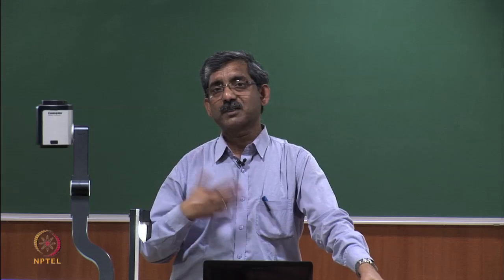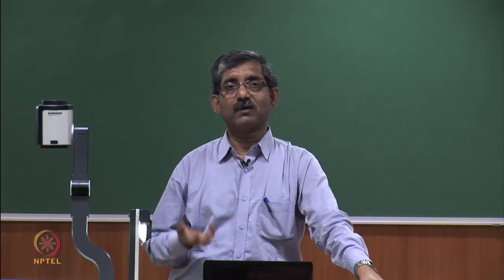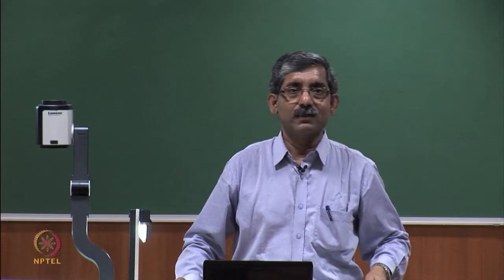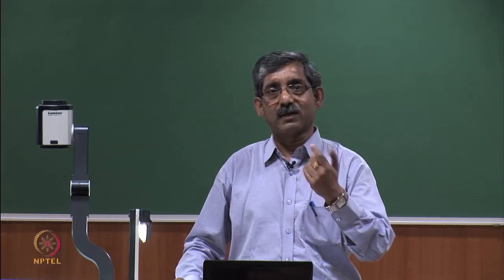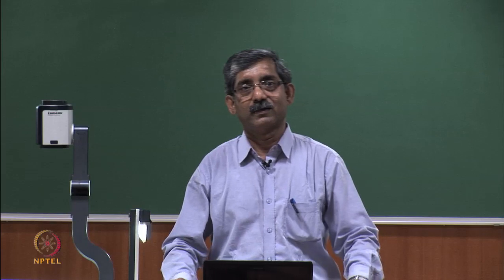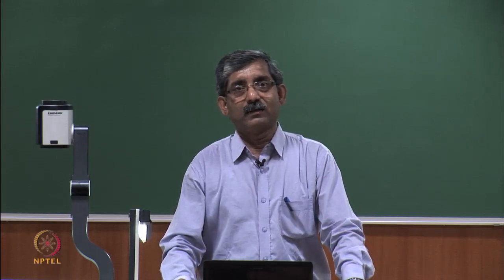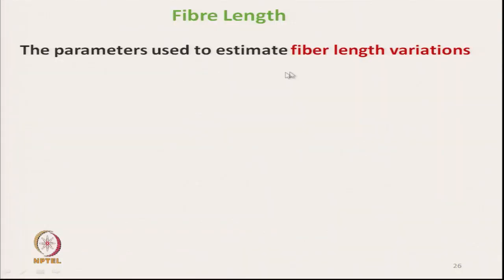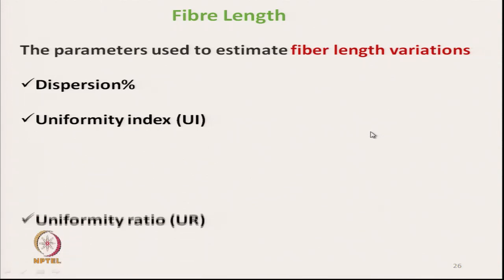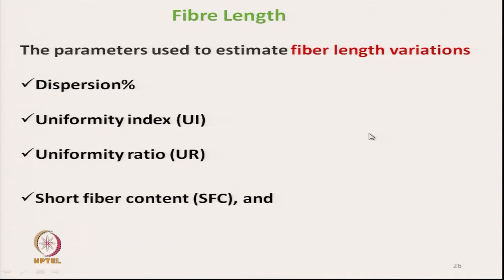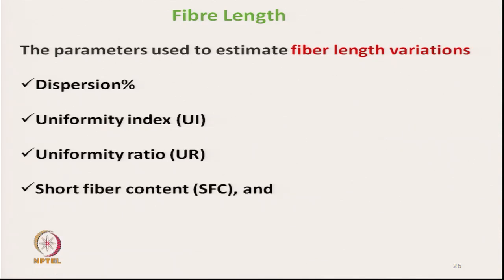At this point we are not going to discuss all these parameters, because you must have learned them in the undergraduate evaluation of textile material or textile testing subject. The parameters used to estimate fiber length distribution or variation are dispersion percent, uniformity index, uniformity ratio, short fiber content and the floating fiber index.